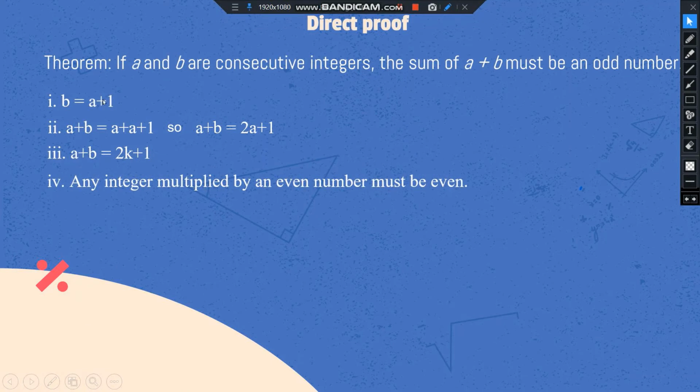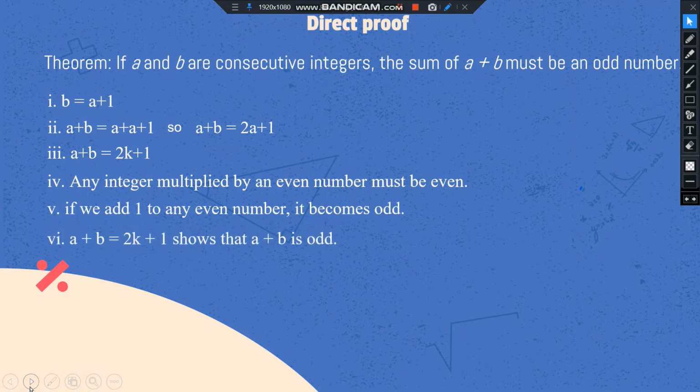And so, if we analyze this expression, we get that any integer multiplied by an even number must be even. And if we add 1 to any even number, it becomes odd. So a plus b equals 2k plus 1 shows that the sum of a plus b is odd.